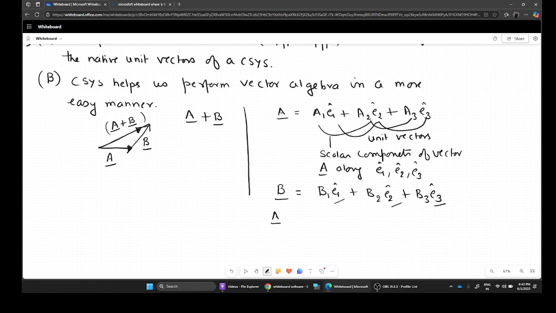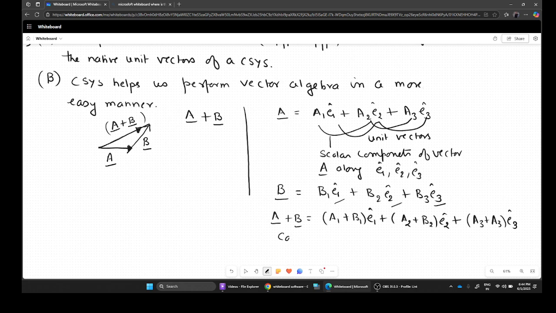Now if I have to add the two vectors, it can be done in the following manner. We all are aware of this. Since the 3 unit vectors are mutually perpendicular, the resulting vector can be expressed in this manner.